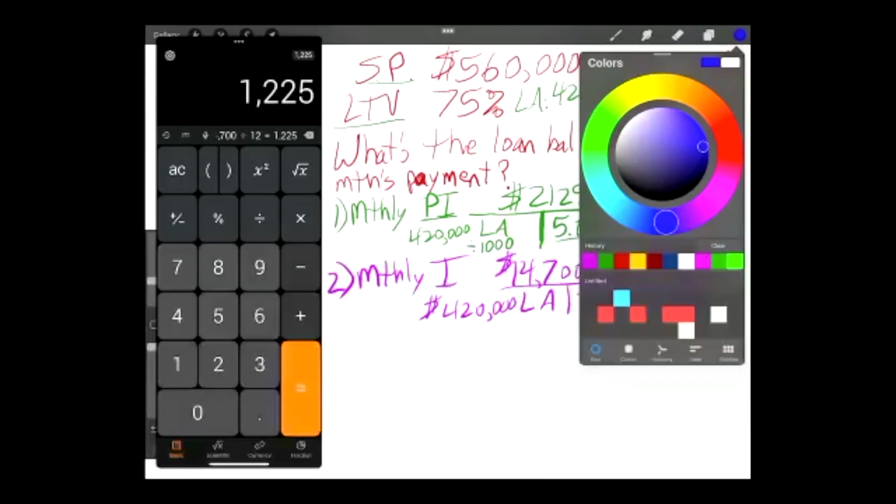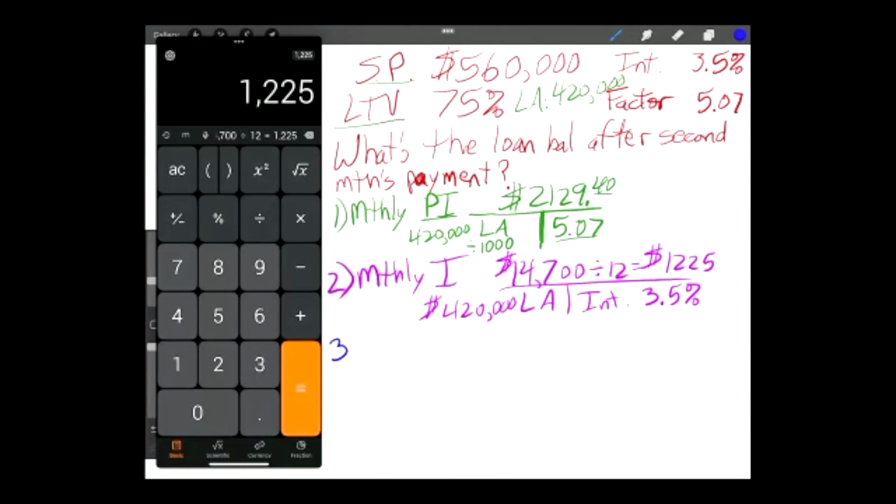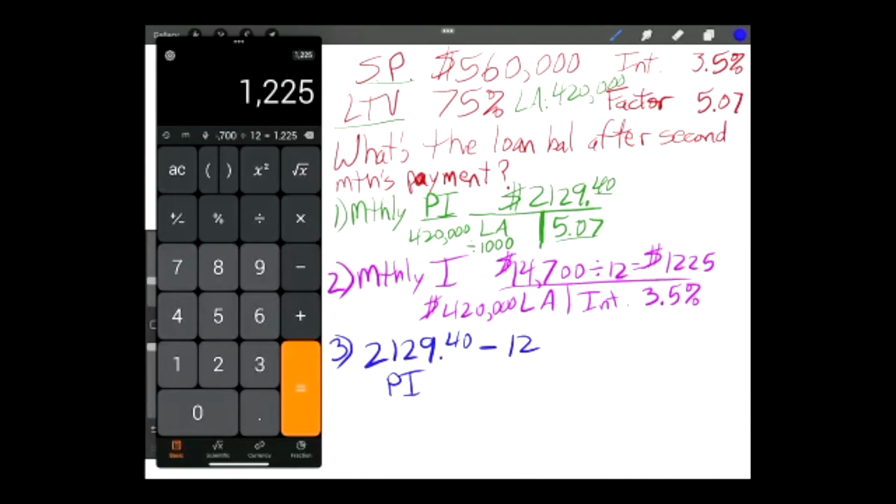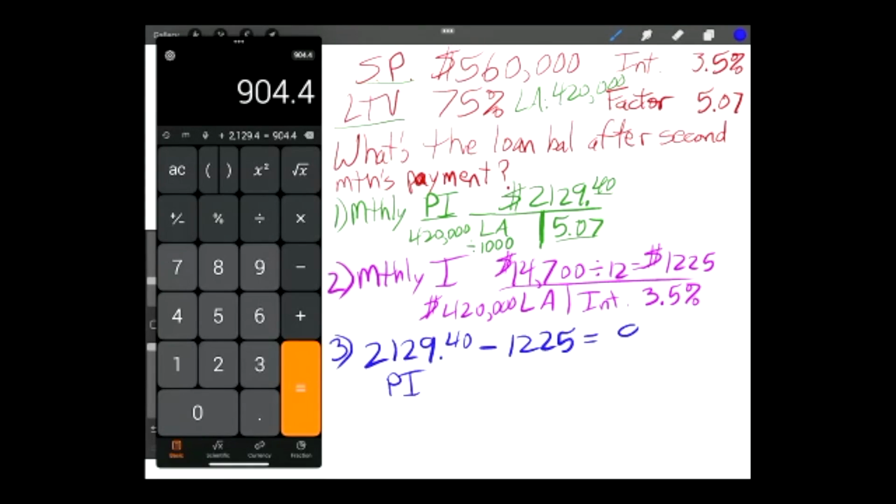So, we'll take our monthly P and I, 2129.40, and we'll subtract the monthly interest only from it to get the amount of principal that month. So our principal after the first month came down by $904.40. Does that make sense? Yeah.